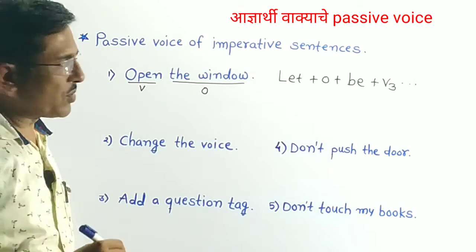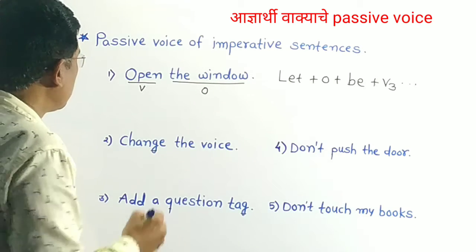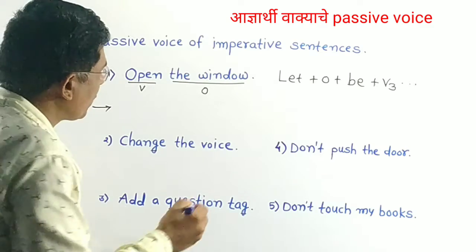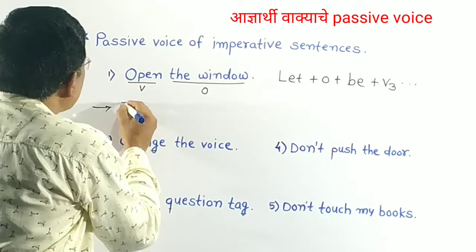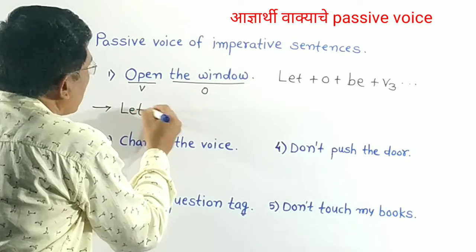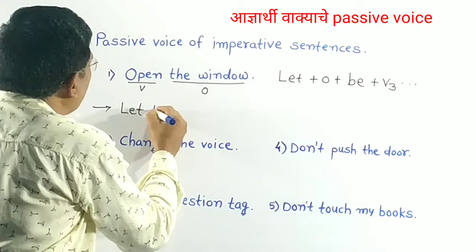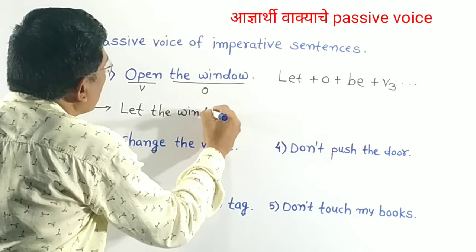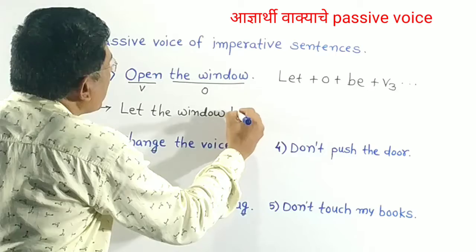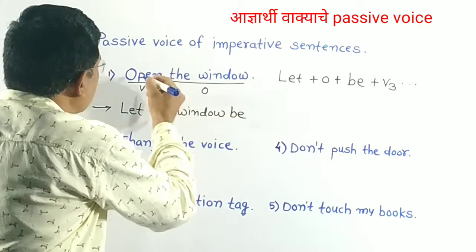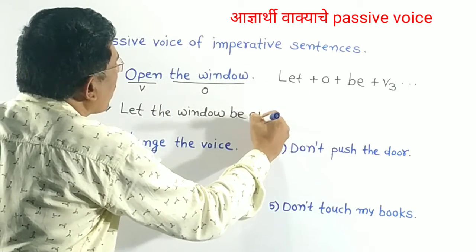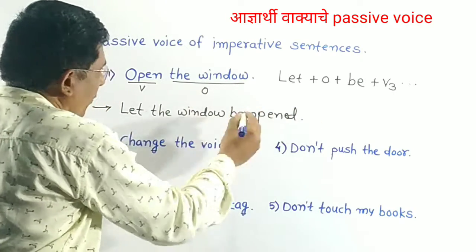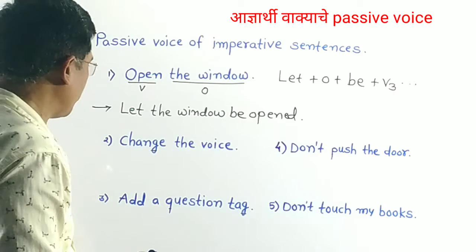This is an imperative sentence. Now let's change it into passive voice. Take let in the beginning, let, then take object, the window, then take be and past participle of main verb, opened.